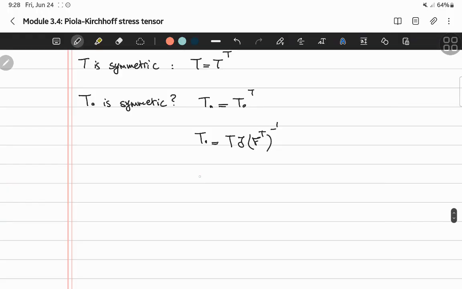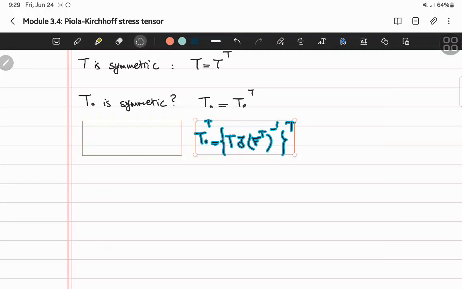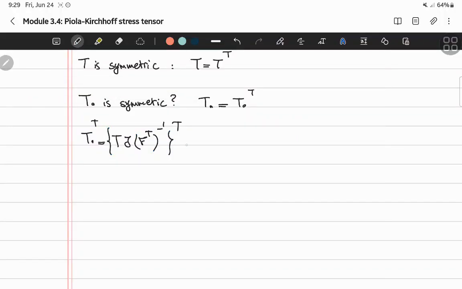So if I transpose this, and if I shift this right, what we get is, so this becomes F inverse transpose transpose. So nothing happens to J. Then we have T transpose.